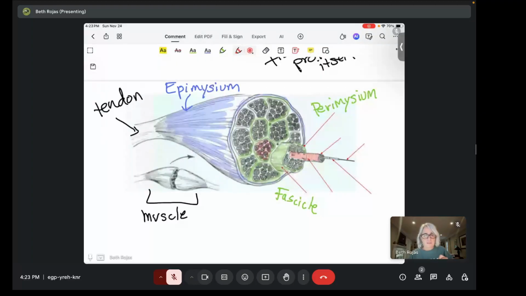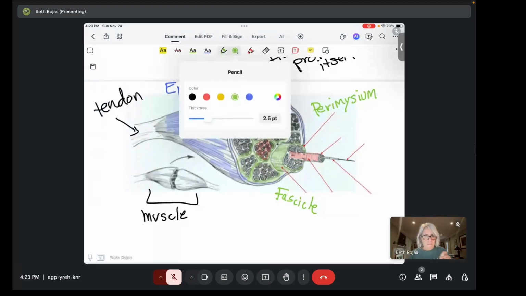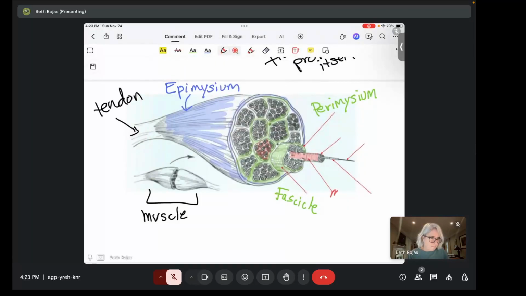So what is this wrapping? Muscle fiber or cell. And what's the wrapping called? Endomysium.